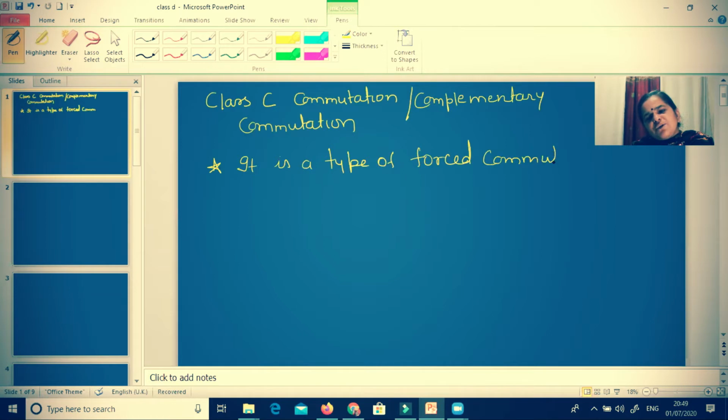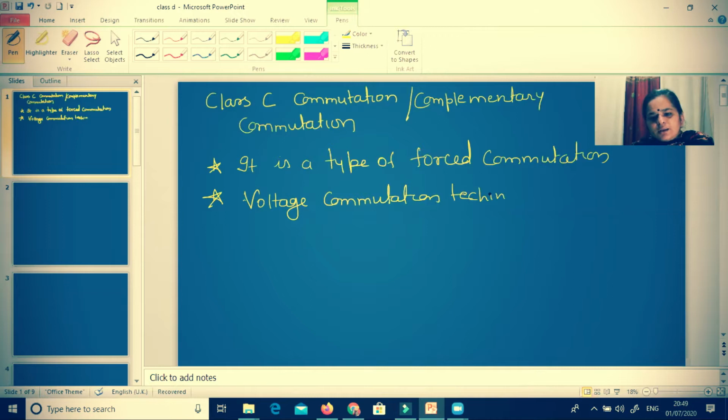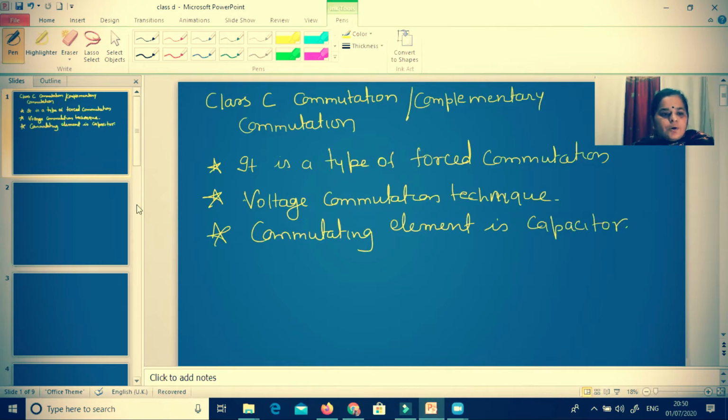That means by using this technique, you can turn off the SCR when it is connected to a DC supply. And in forced commutation, it is a kind of voltage commutation technique, and the commutating element we use is a capacitor. So this is a brief description.